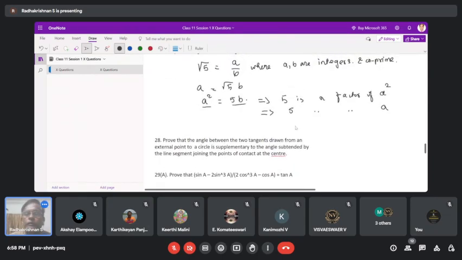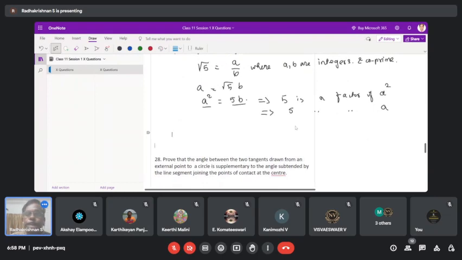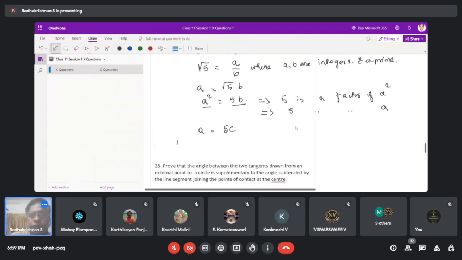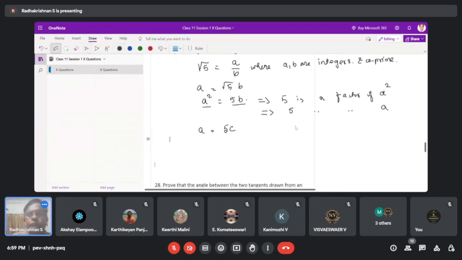So this proves that a can be written as 5c. Once you have written a equal to 5c, this is your equation number 1.